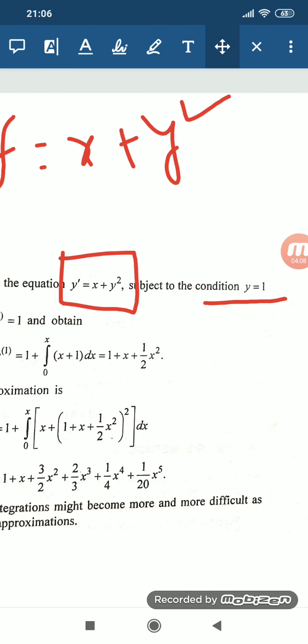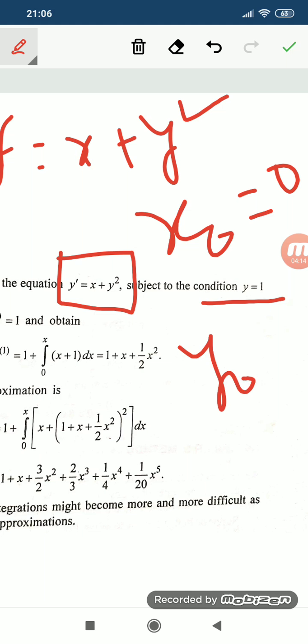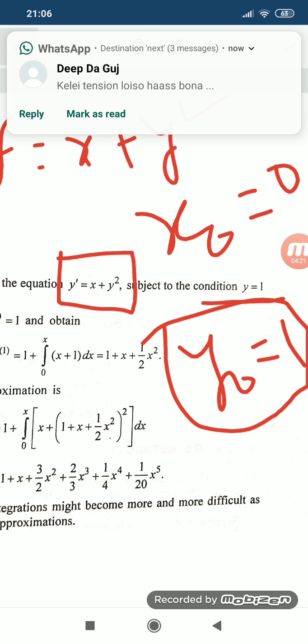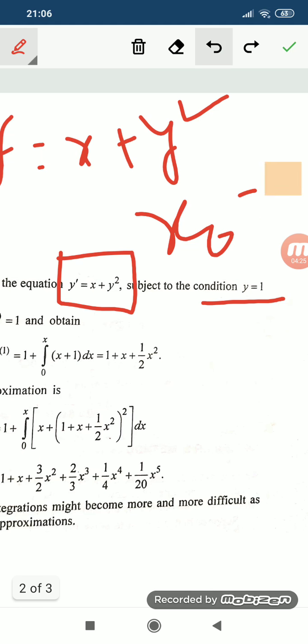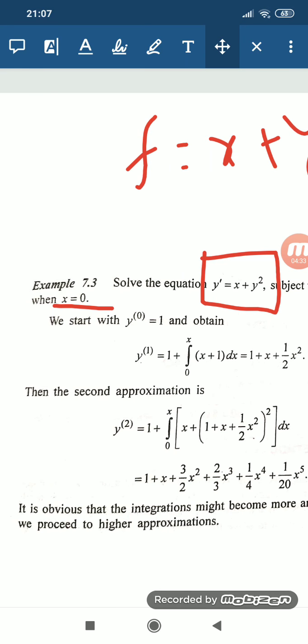It means that your x naught is 0, and y naught is 1. Now using this y naught, we are going to first find our first approximation. So let us start with this particular example.